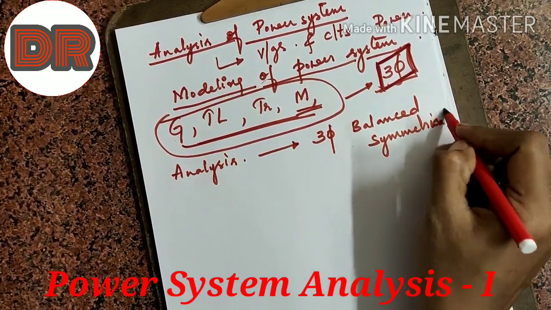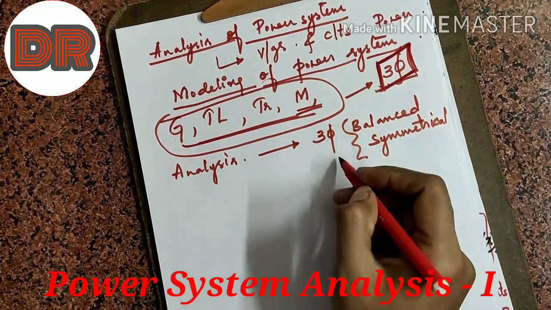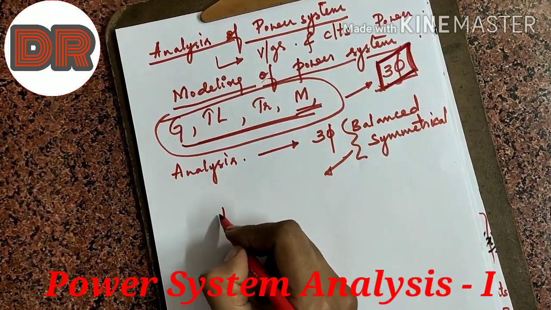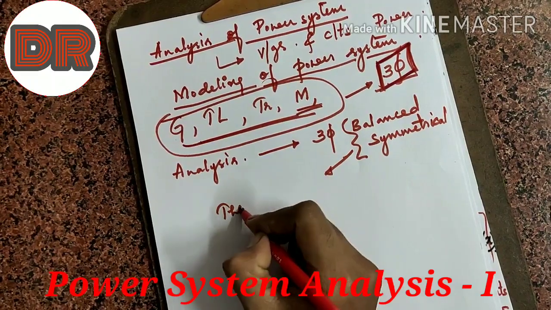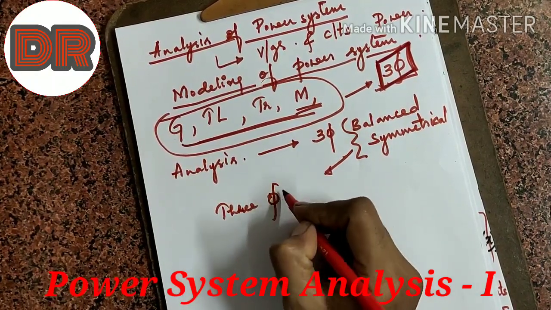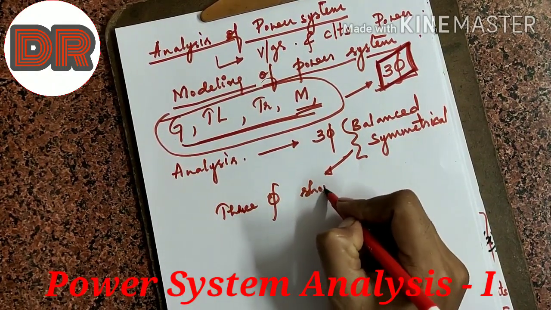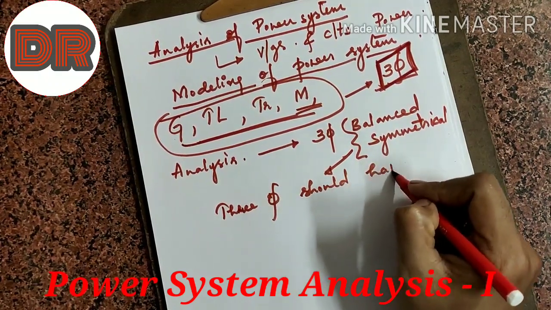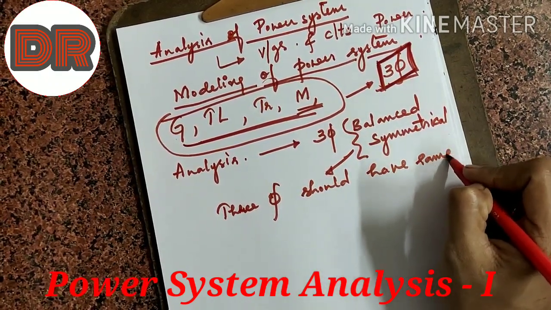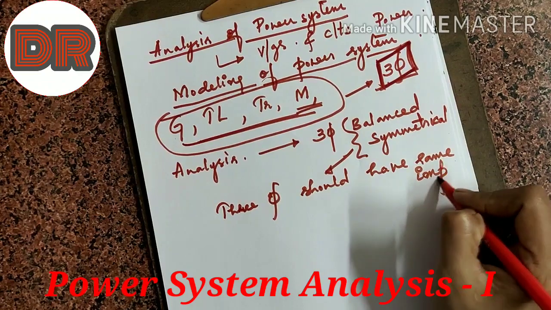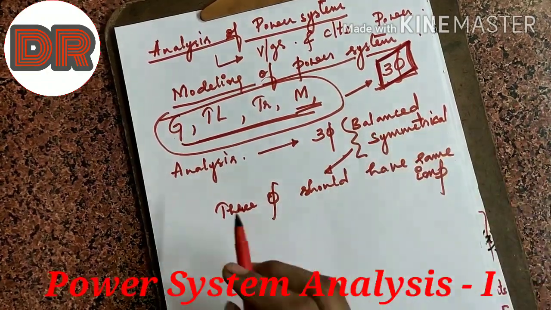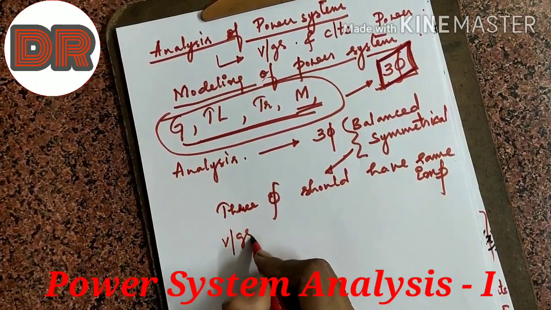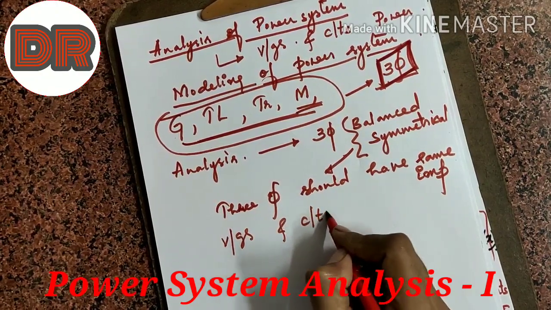If it is a symmetrical balanced system, we know that all the three phases should have the same impedance, and also since it is balanced, the voltages and currents should have the same values.